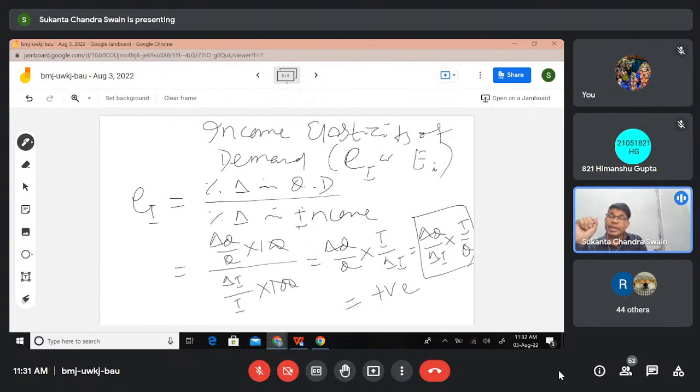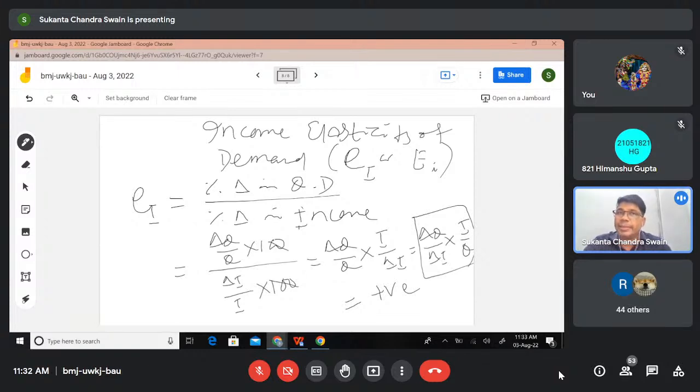So if EI is negative, it means the product in question is what? Negative means what? Income increased, demand decreased. The income came down, demand increased. Then only a negative value will come. So if by chance from calculation you got to know that EI is equal to a negative value, what does it mean?